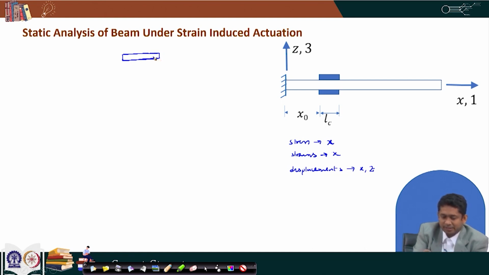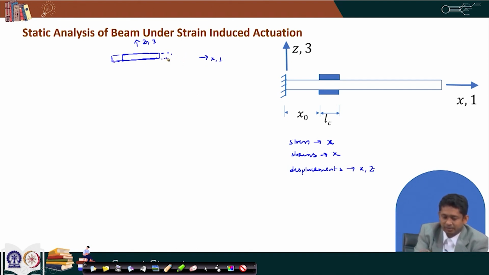So, this is one isolated actuator, and as we know, if we have an electric field, and this is our direction x or 1, direction z or 3, if there is an electric field in direction 3, then this patch tries to expand or contract depending on along which direction it is polarized, positive 3 or negative 3, and what is the electric field direction and what is its d31.